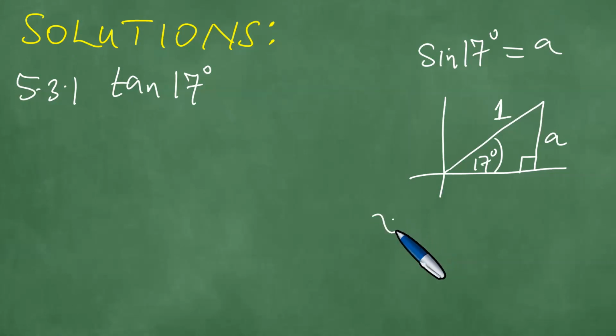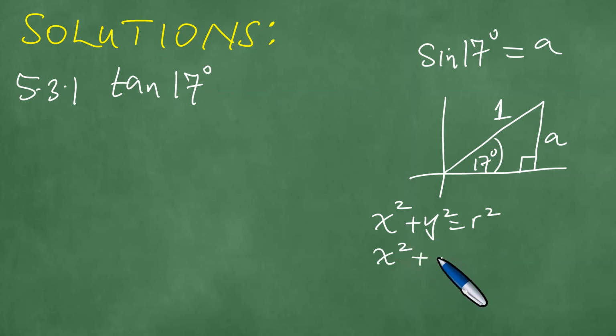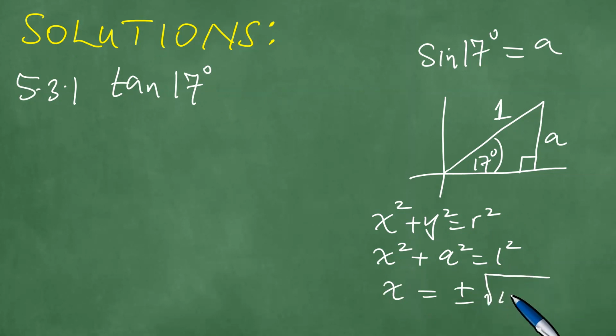To find this side, we use Pythagoras' theorem: x squared plus y squared is r squared. Which means x is plus or minus the square root of 1 minus a squared. But because x is on the right side of the origin, x is only the positive square root of 1 minus a squared.